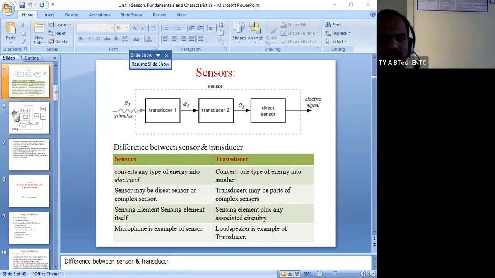If you see any data acquisition system, we are looking at sensing physical quantities and generating output in terms of electrical quantity only.